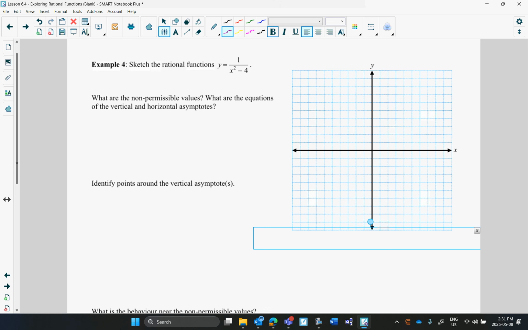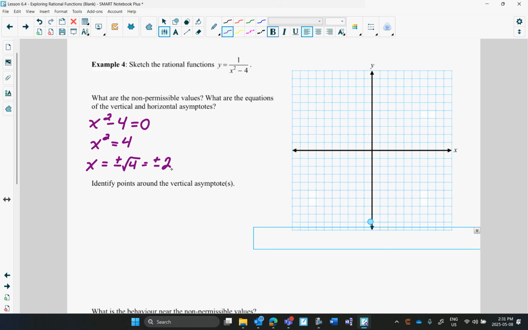So you could do it like this. Set yourself up a quadratic equation. I am looking for x so that x squared minus 4 is equal to 0. Therefore, x squared is equal to 4. X is equal to plus or minus the square root of 4, which is plus or minus 2.